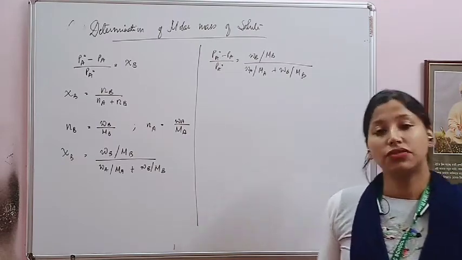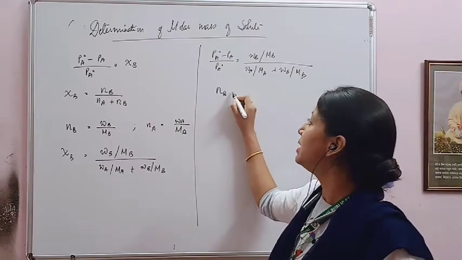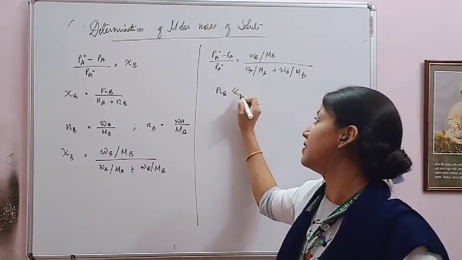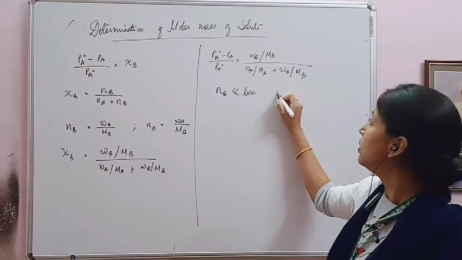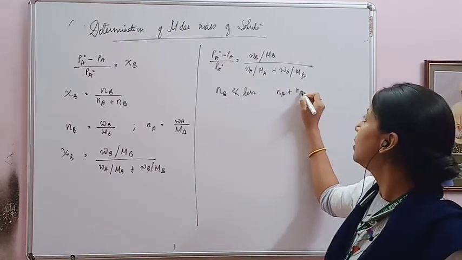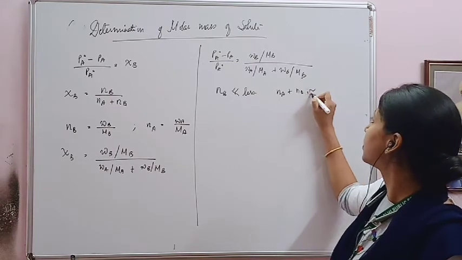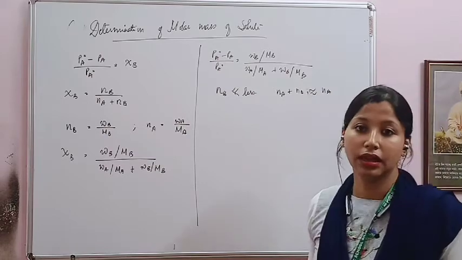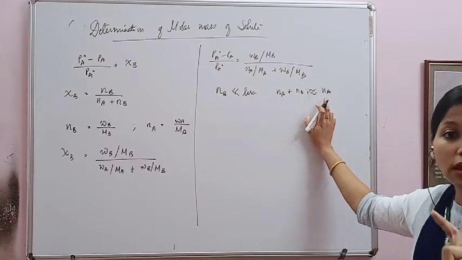Now, you must remember that for dilute solutions, the number of moles of B is very, very less, okay? In that case, we can consider that nA plus nB is approximately equal to nA. That means the number of moles of A plus the number of moles of B is approximately equal to nA.